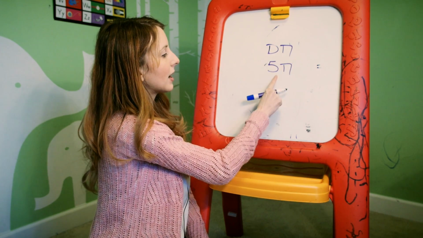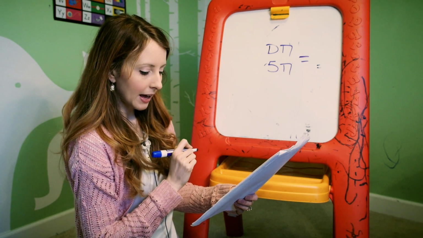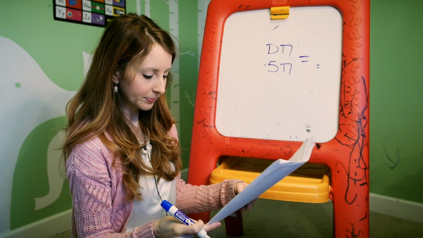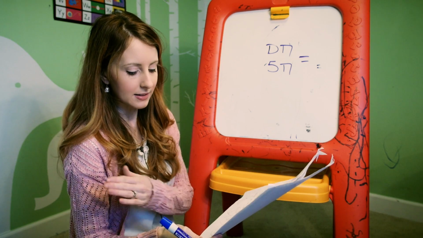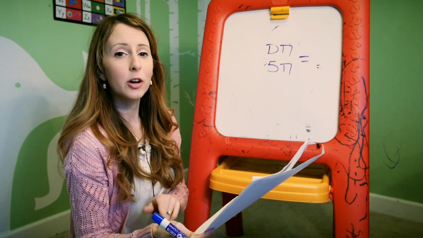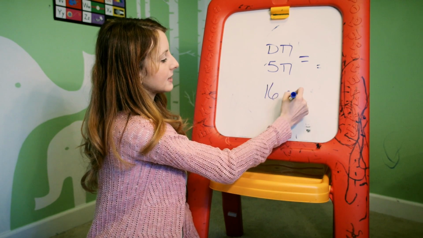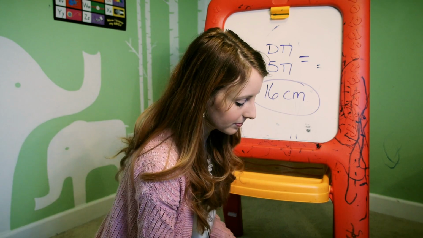So you're going to take 5 times pi, hit equal, and you'll get a number that has some decimal numbers to the right. And instead of using any of those decimal numbers, you're going to round to the nearest centimeter, which would give you an answer of 16 centimeters, to the nearest whole number. Okay.